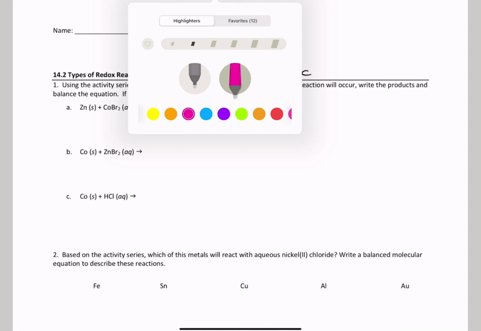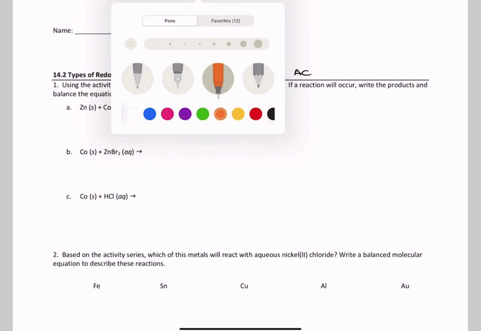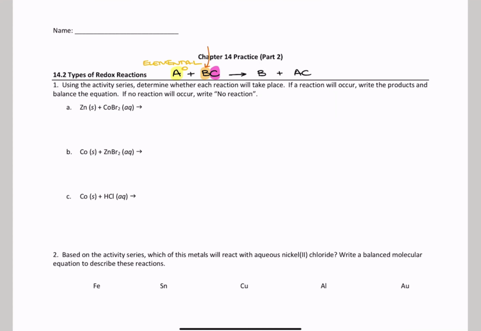cation, anion. Okay, so we have here the cation B plus combined with the anion.